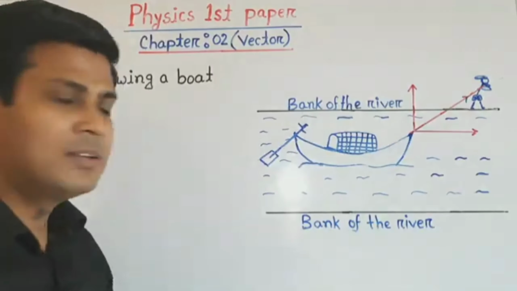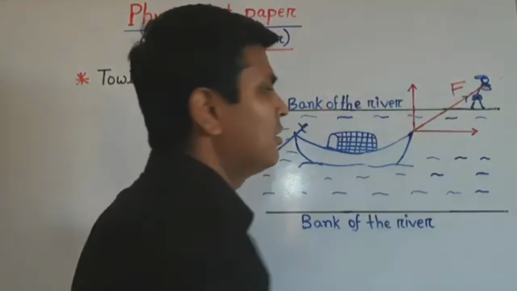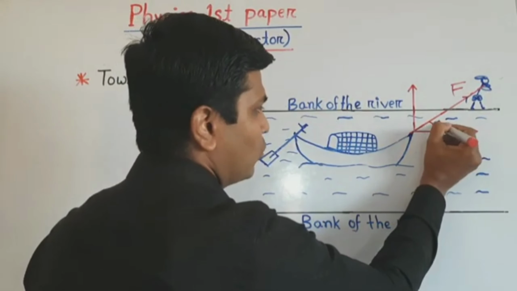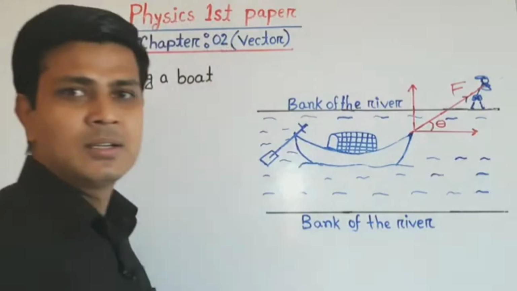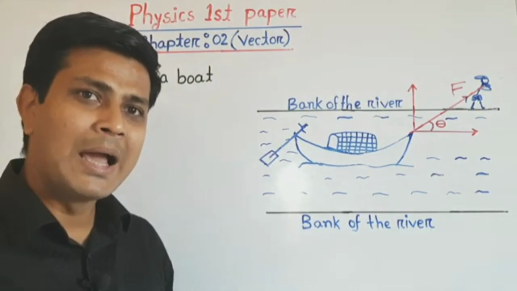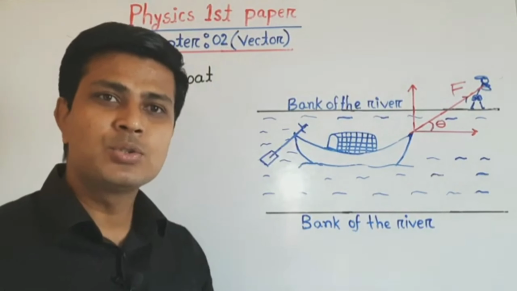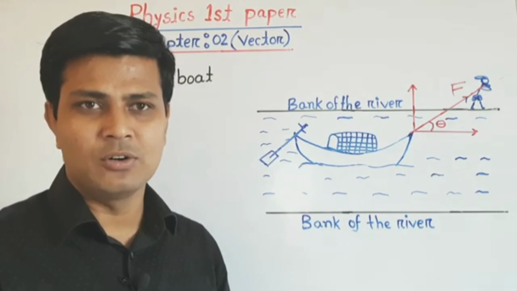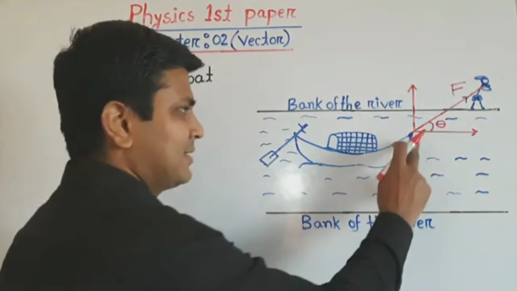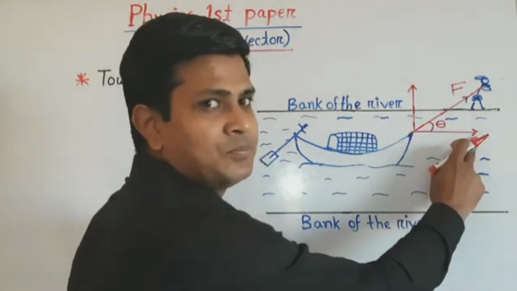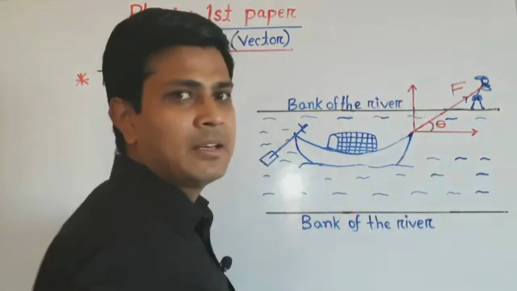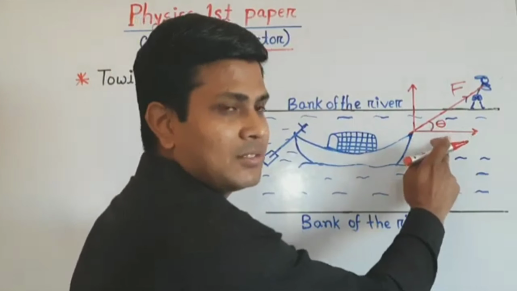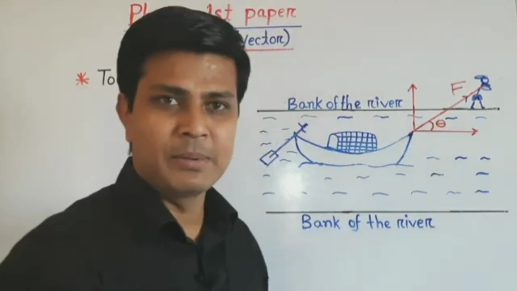Suppose the man pulls the boat with F newton force, making an angle theta with the horizontal plane. When we apply force, we get two components: one horizontal component, another vertical component.